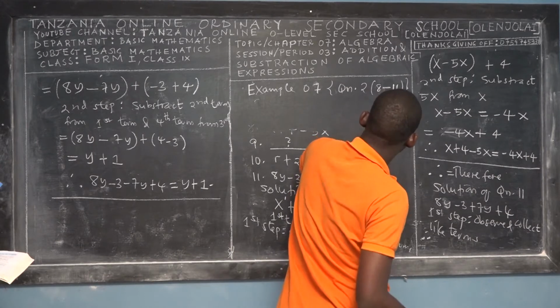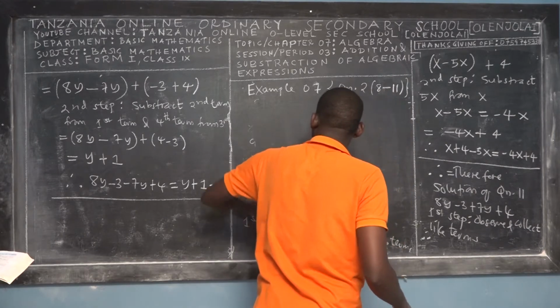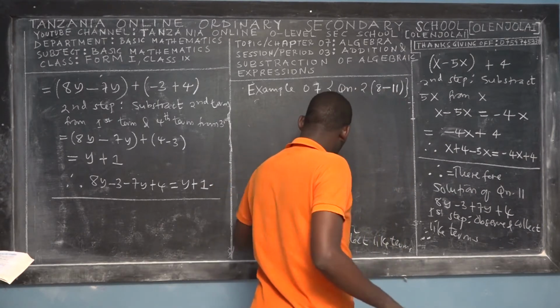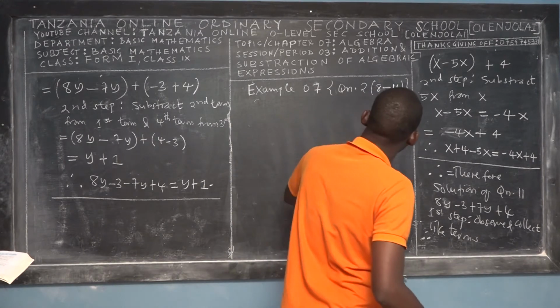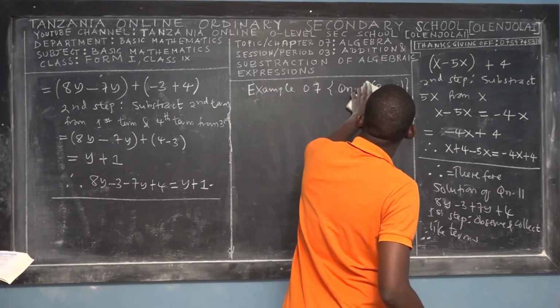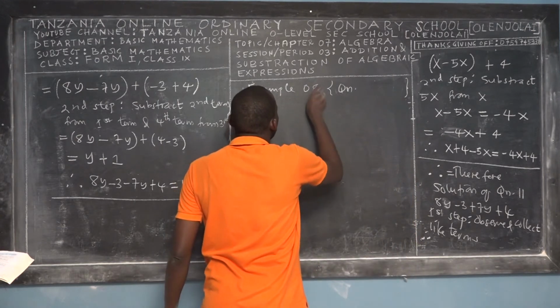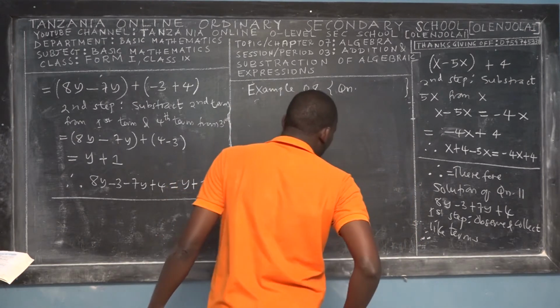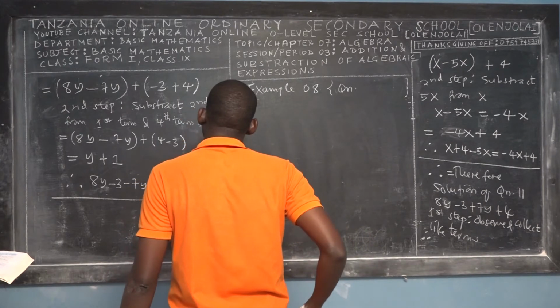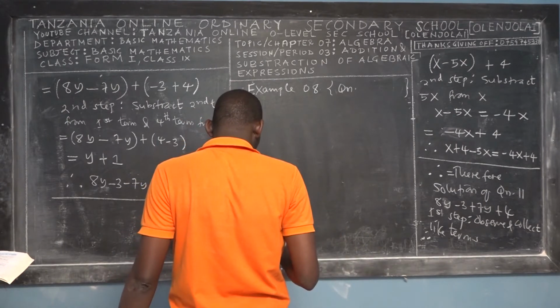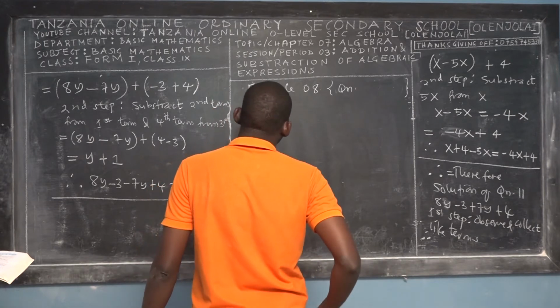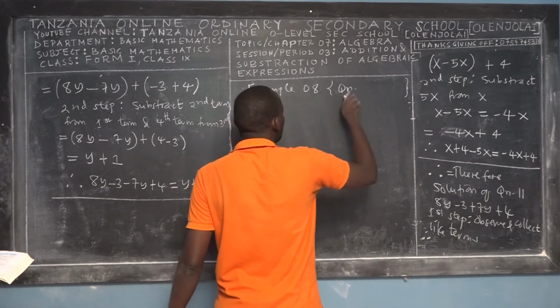Okay, so I gave you the promise that we will learn 11, so I've presented 11 examples for you. Now, we would like to present also the remaining, because in this exercise there are 21 examples. So example 8, this question what?